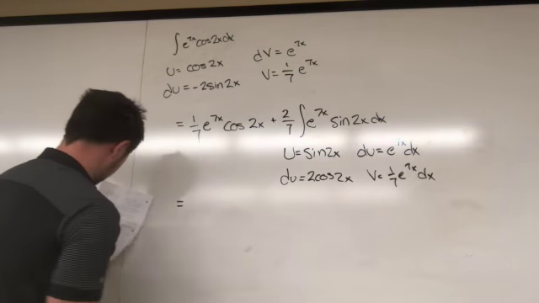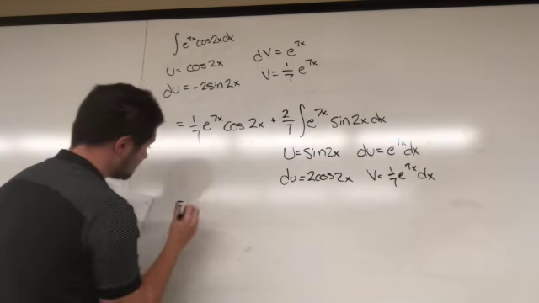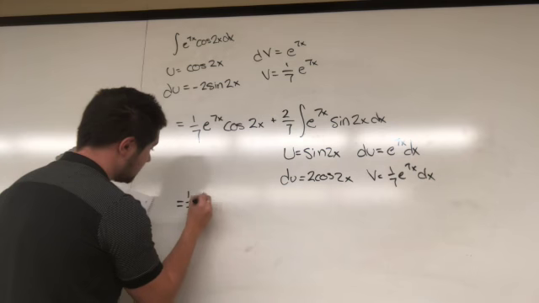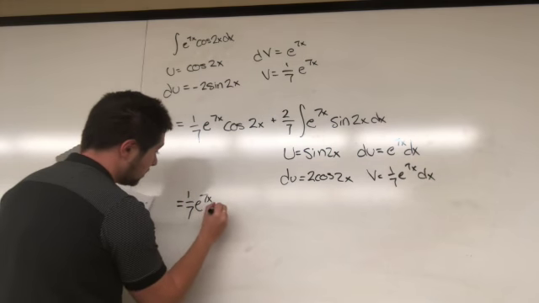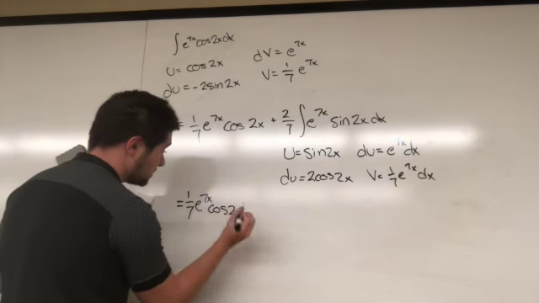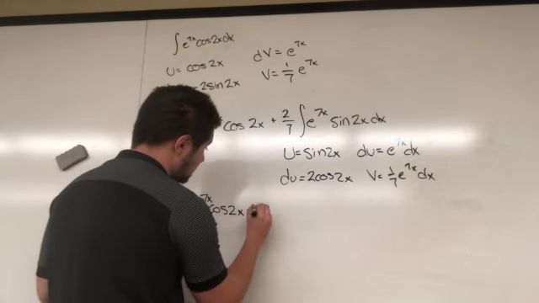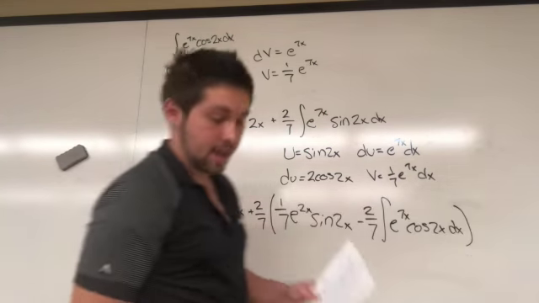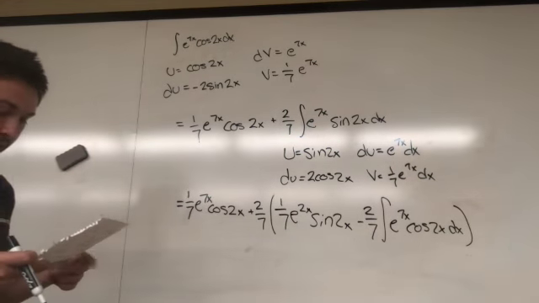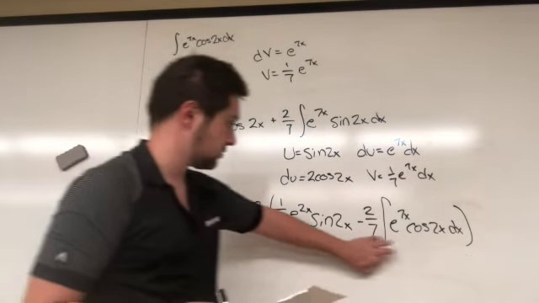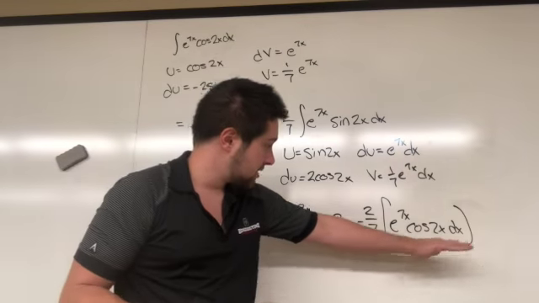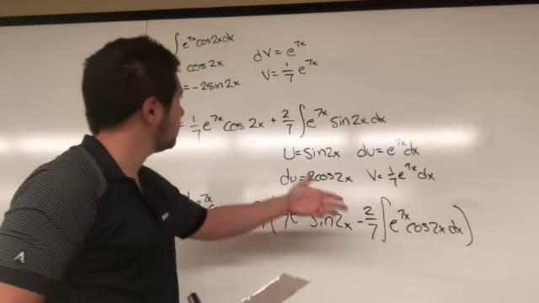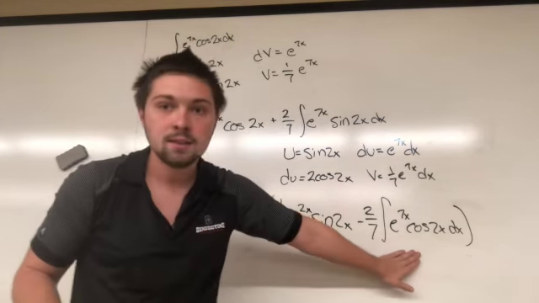So now down here we're going to take this once again, so 1/7 e to the 7x cosine 2x, plus, now we have to remember this is all times 2/7. Many people might go, first we're going to put this through. But as you can probably already tell, we're kind of back where we started. How does that work?